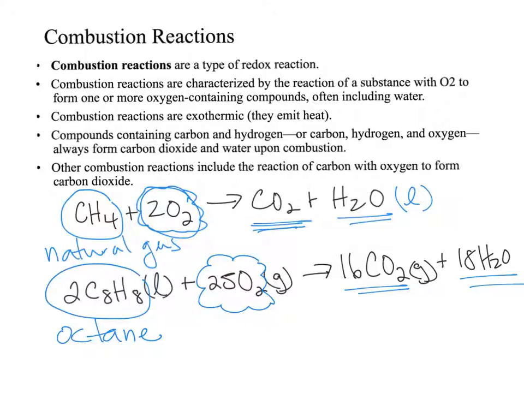From these fuel reactions, these combustion reactions, you're going to have heat and energy being produced. We show that with a squiggly arrow to show that heat and energy are produced through this reaction. So combustion reactions are going to form heat, they're going to form gas in terms of carbon dioxide, and they are also going to form water.